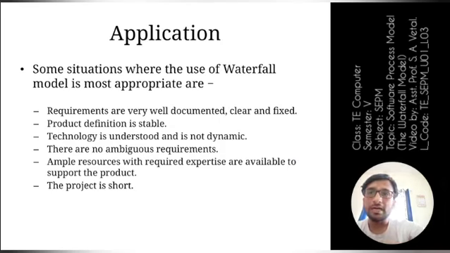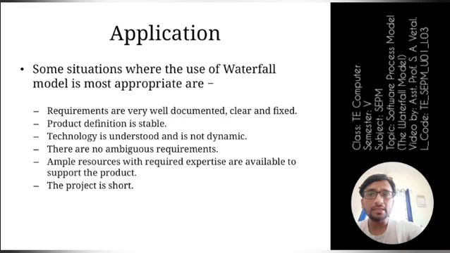The next topic is applications, meaning where we can implement the waterfall model in software process models, that is, software development. The first is whenever the requirements are very well documented, clear and fixed, only then can we use the waterfall model.